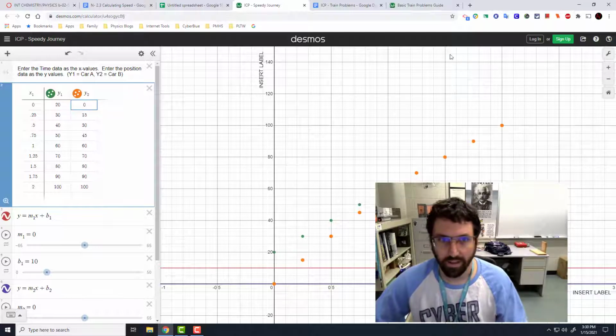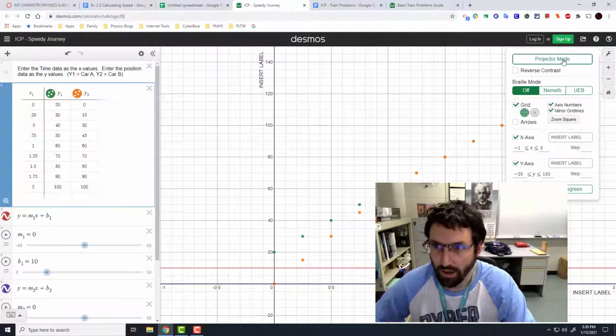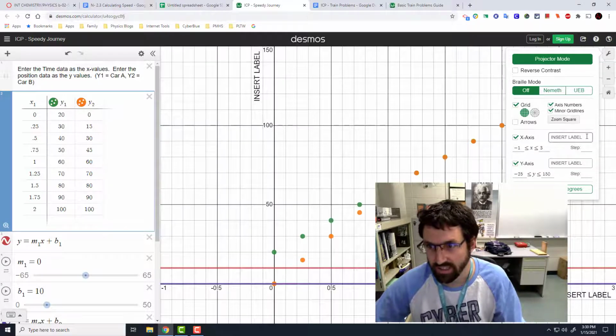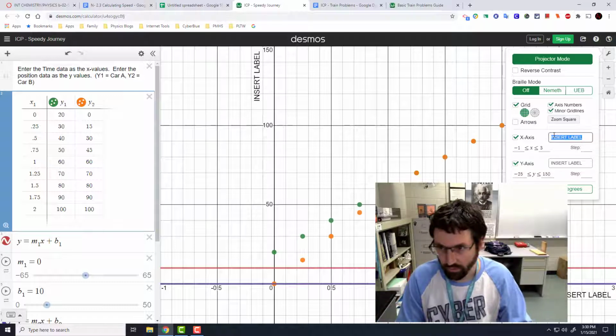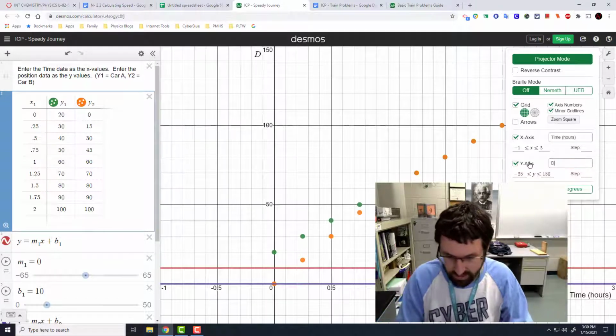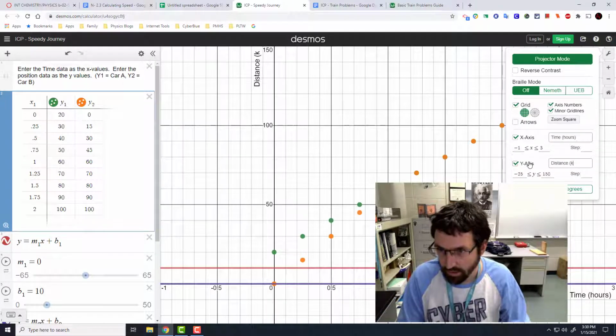So I got all my data in. Now to make labels in this, I have to click on the little wrench at the top. I like to use projector mode because you guys can see it a little better. On the horizontal axis we have time, this time it's in hours. And over here we have distance in kilometers.